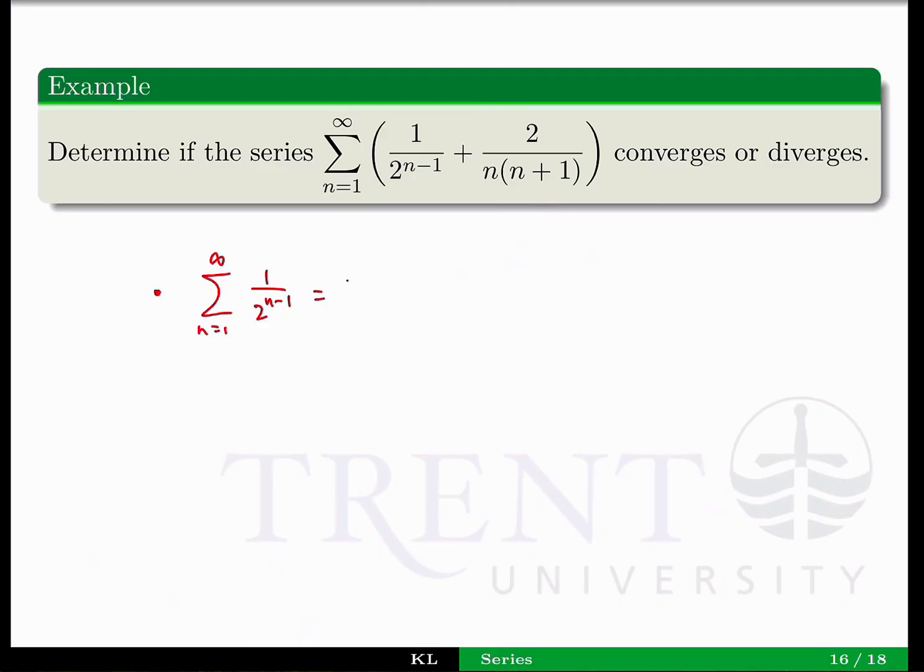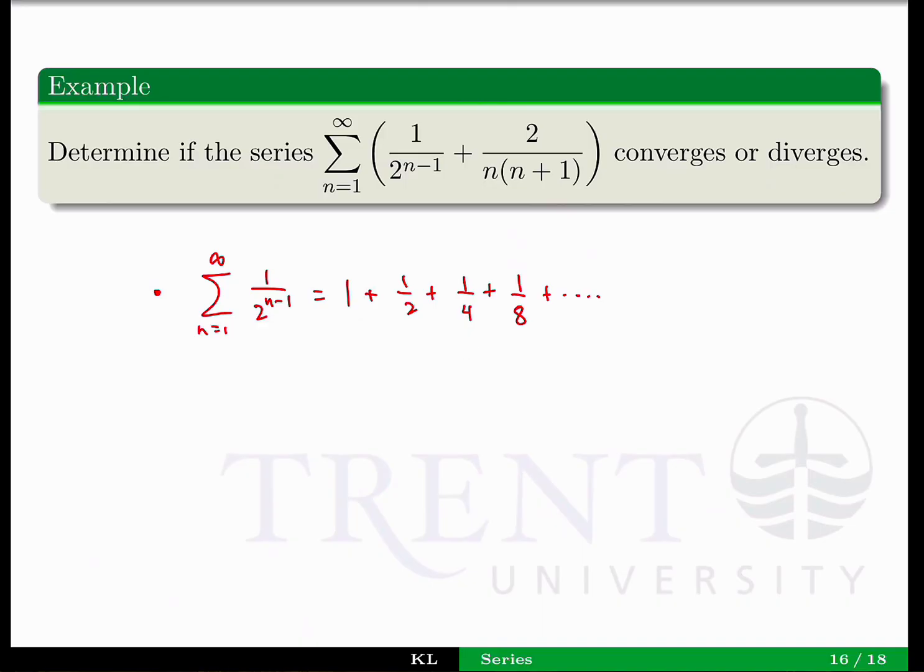If you look at this, this is actually 1 plus 1 half plus 1 fourth plus 1 over 8 plus etc. When n equals 1, you got 1 over 2 to the 0, so that's equal to 1. When n equals 2, you got 1 over 2 to the 2 minus 1, that's 1 half. N equals 3, 1 over 2 to the 4, so that's 1 fourth, and so on and so forth.